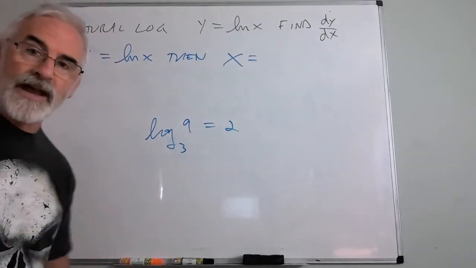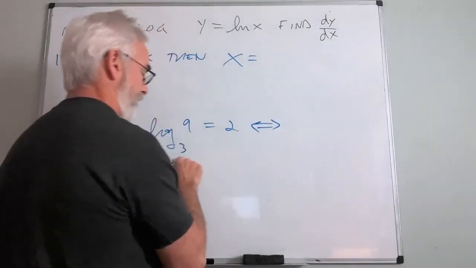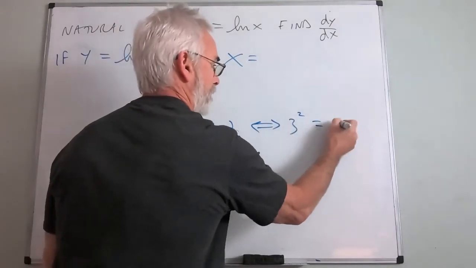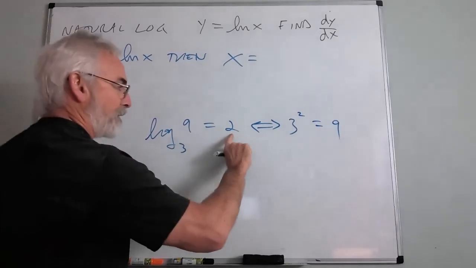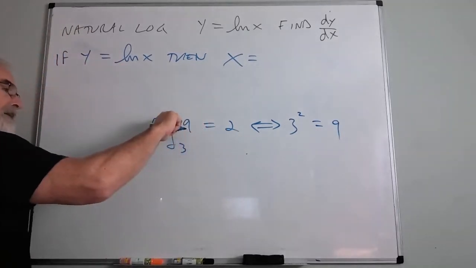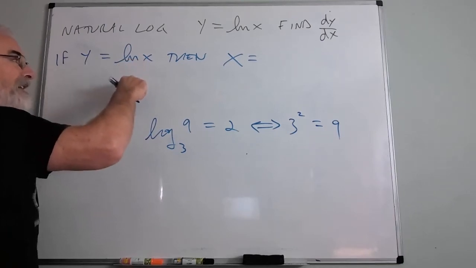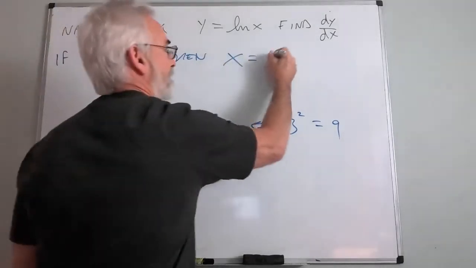Could you write this now as an exponential? Yeah, this is true if and only if 3 to the 2 equals 9. Base to the exponent equals 9. What's the base here? e. So e to the y equals x.